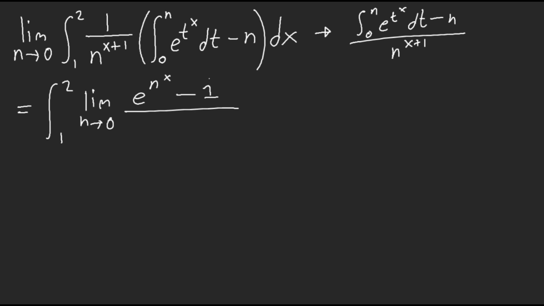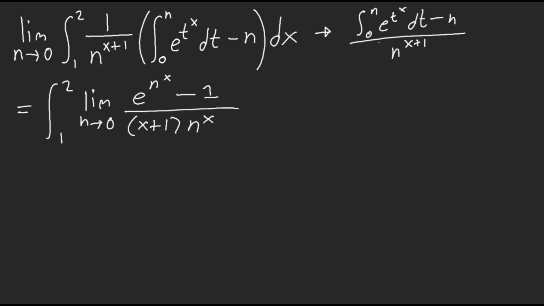And then after that we have this here, which is just the power rule: (x plus 1) times n to the power of x. For some reason I accidentally derived x, but this is what it should be.